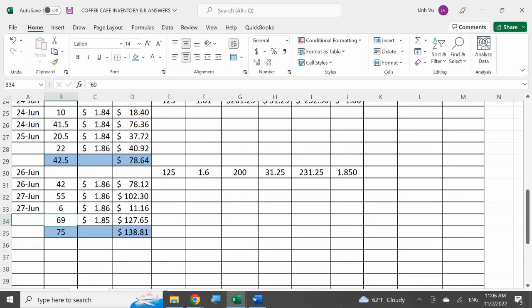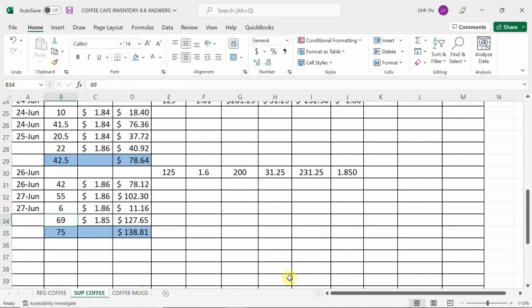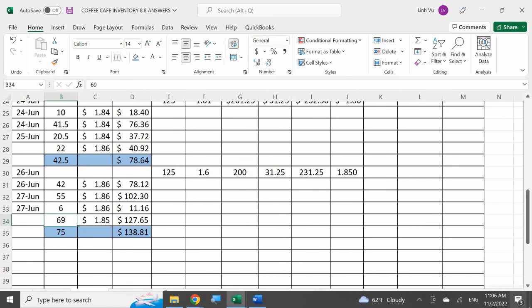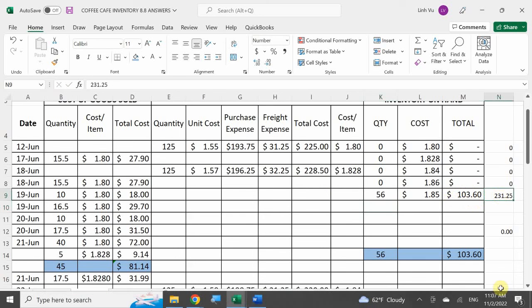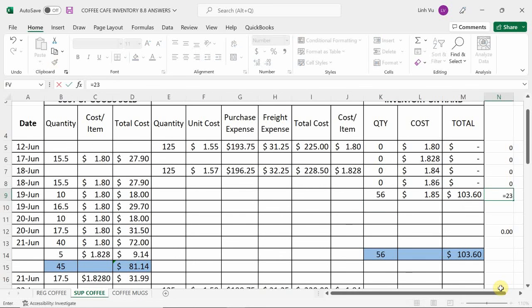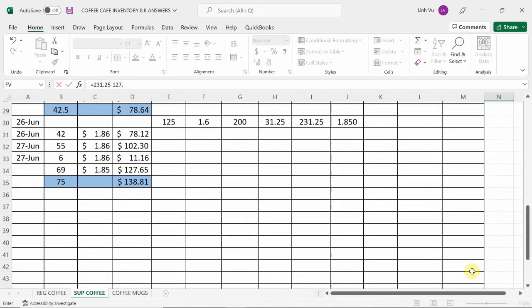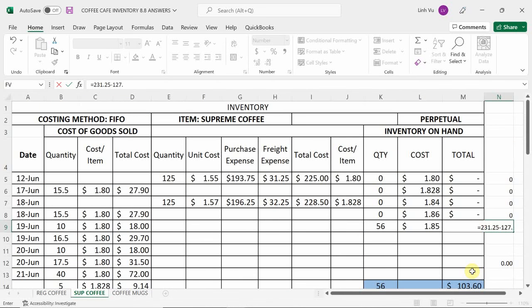Okay, so I need to subtract that out from my inventory. So 69 pounds at 127.65. You should have 56 pounds remaining. So 231.25 minus 127.65 should give you 103.60.